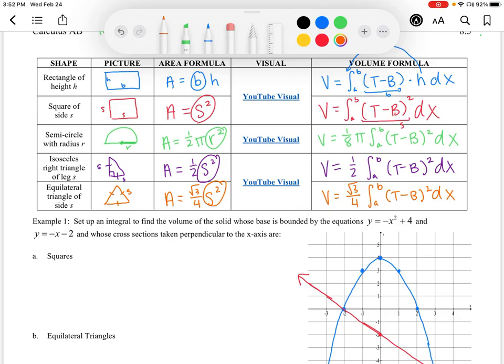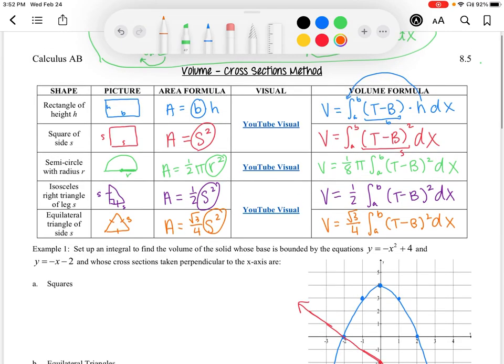So those are all of my formulas. So you'll notice that a lot of them have pretty much the same base. It's got the integral top minus bottom squared for all 4 of these. They're just adding some extra things in front. The only one that's a little bit different is our rectangle, because you're not squaring the top minus bottom. So that one would be a little bit different.